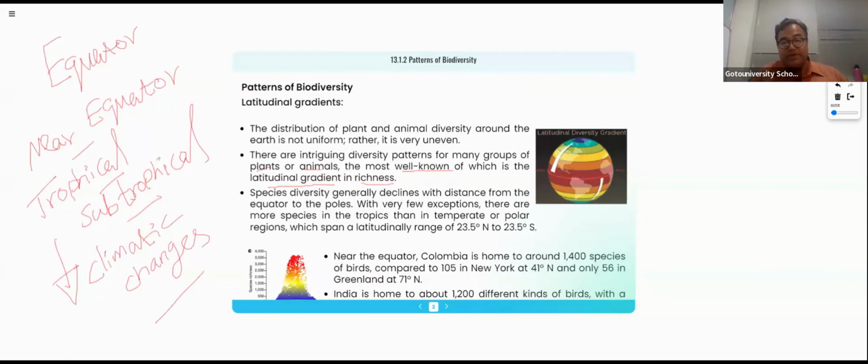Now what we need to understand is that in the temperate area or the polar area, in this latitudinal gradient, the species population is less. Why?